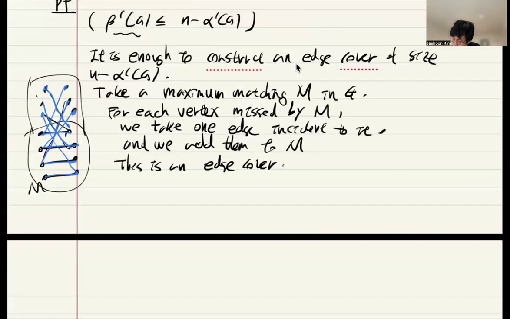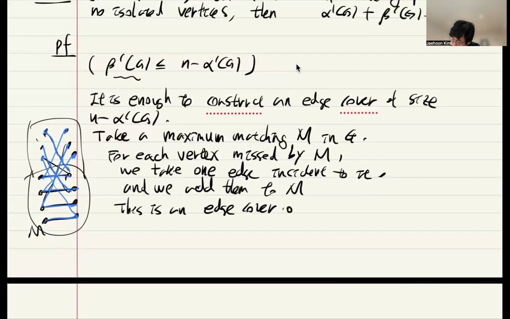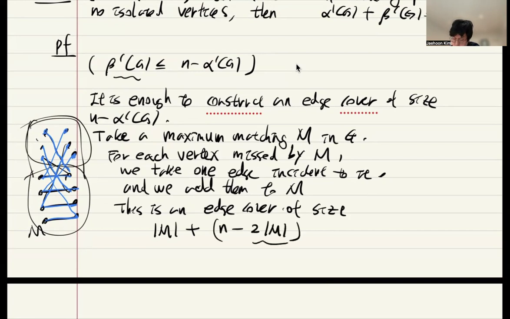Then how many edges do we have? The number of edges here is the size of M plus the number of vertices outside of M, which is n minus 2 times the size of M. And for each one of them, you add one edge.